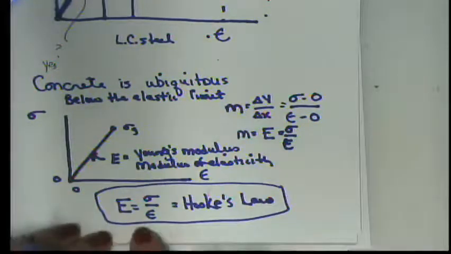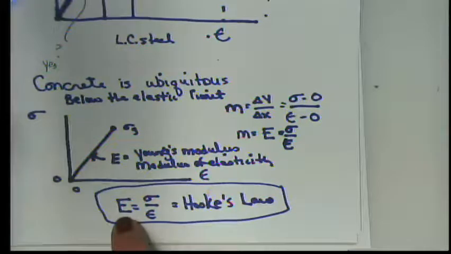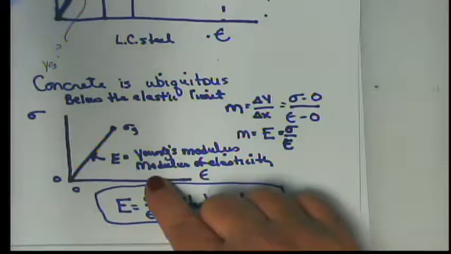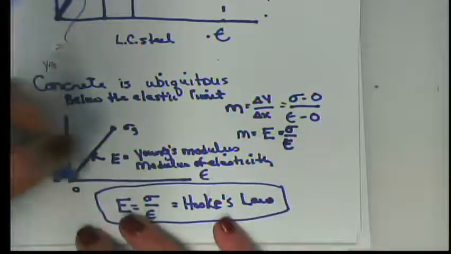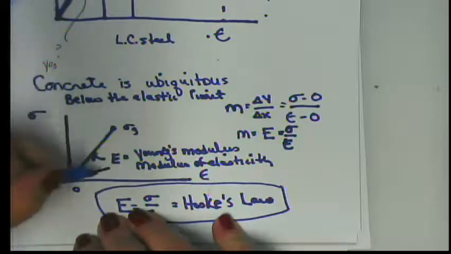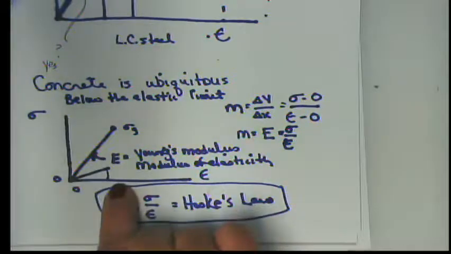Okay? So the smaller E is, the smaller that the modulus of elasticity is, the stretchier the material is. In other words, if the slope were like this, that would mean, wow, I don't need to put very much sigma on it in order to get it to stretch quite a bit.